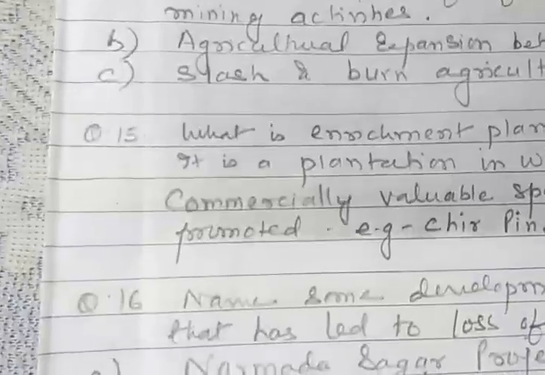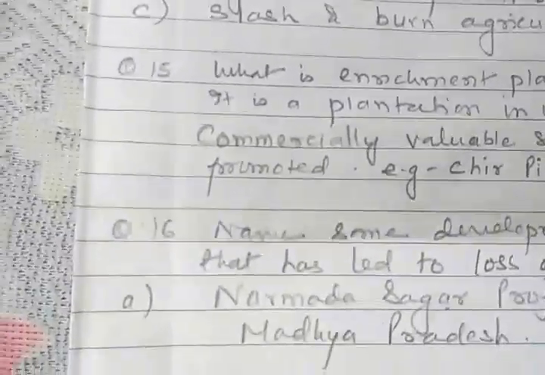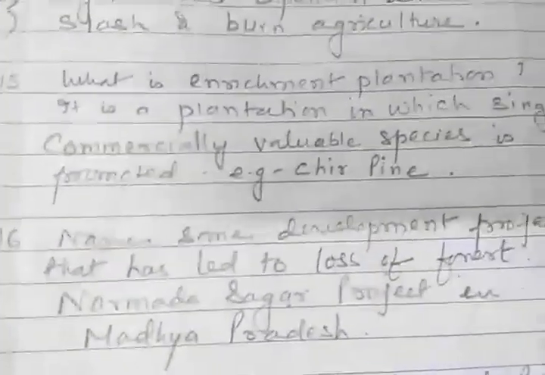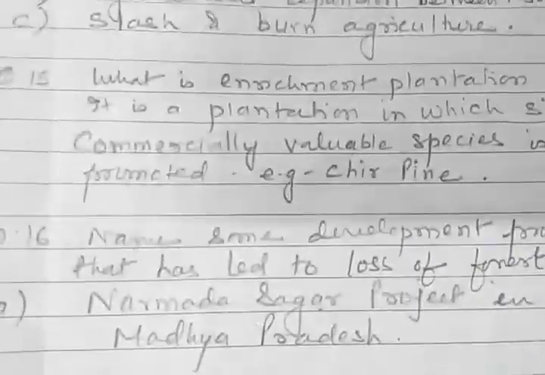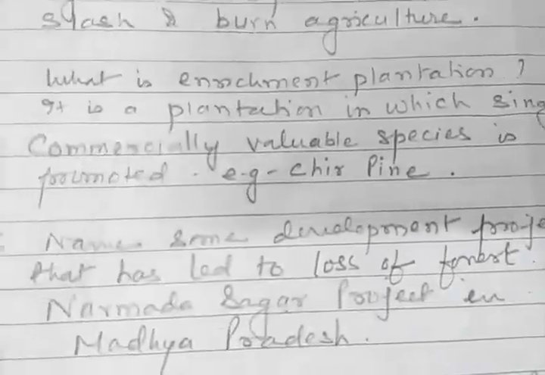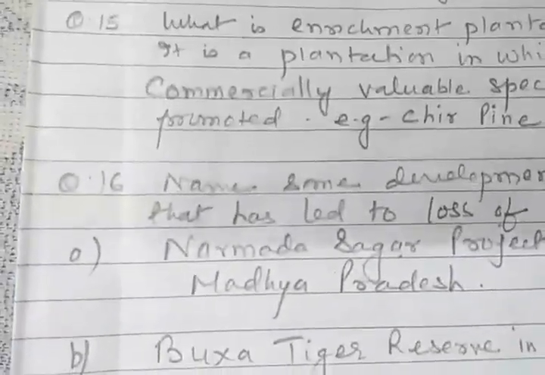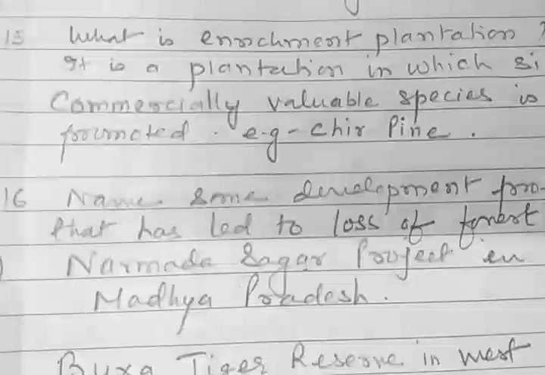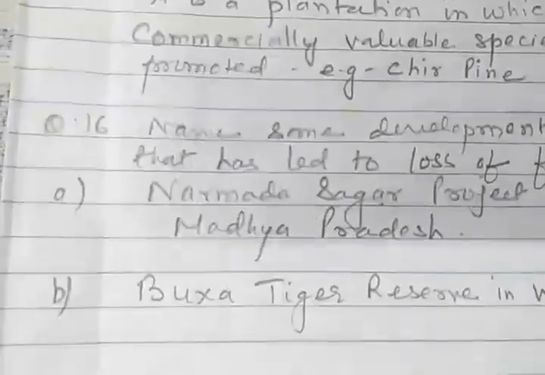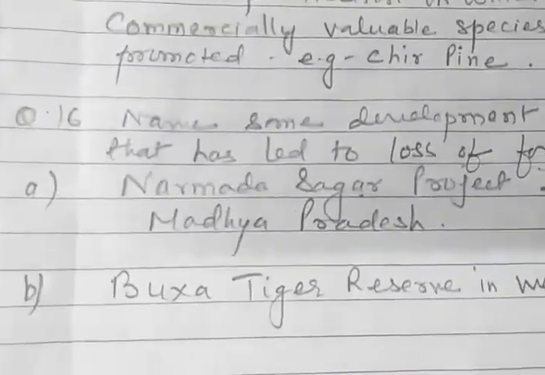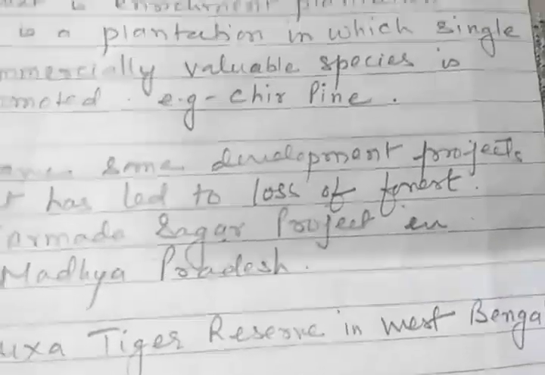Next is question 16. Name some development projects that have led to loss of forest. Number A, it is Narmada Sagar project in Madhya Pradesh, and second is Buxa Tiger Reserve in West Bengal.